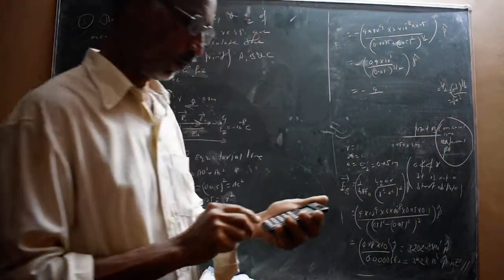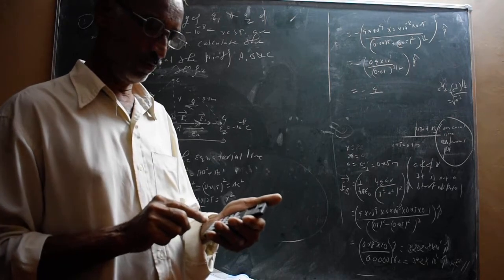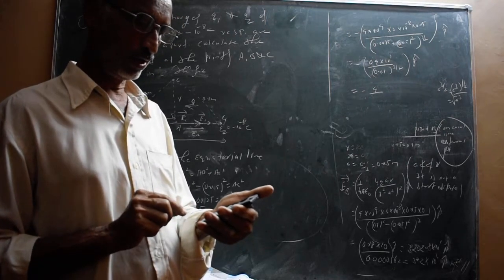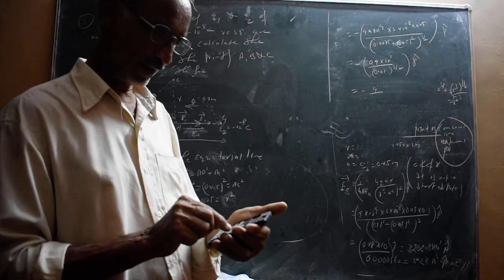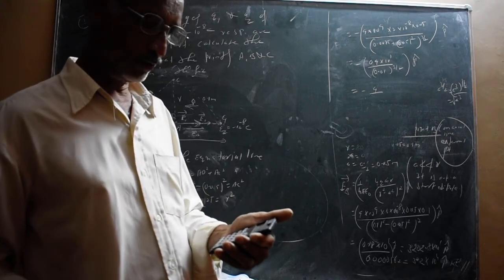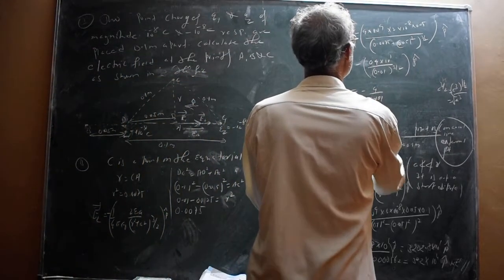Therefore, 0.01 the whole cube, square root of that, is 0.001.